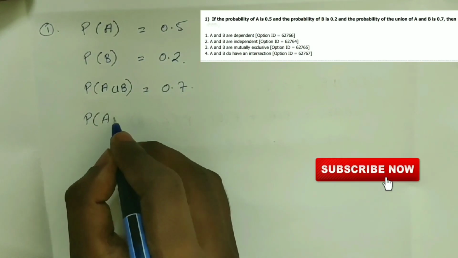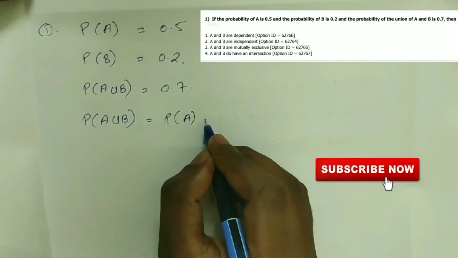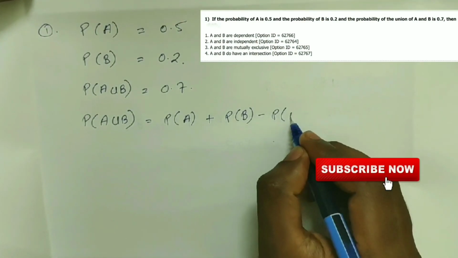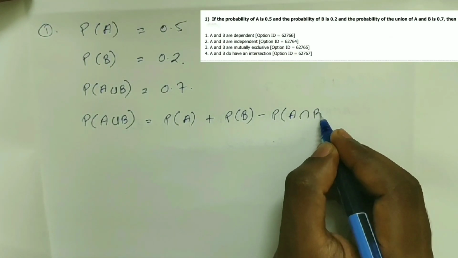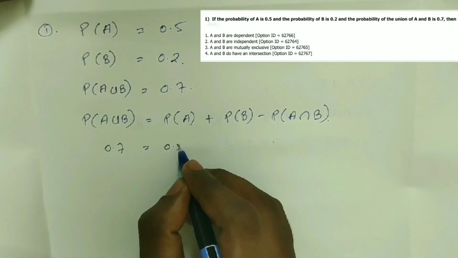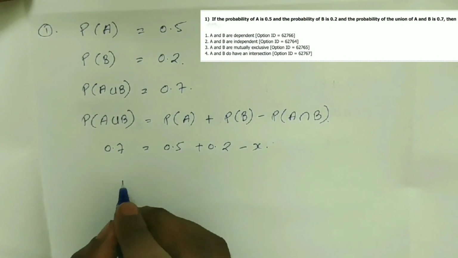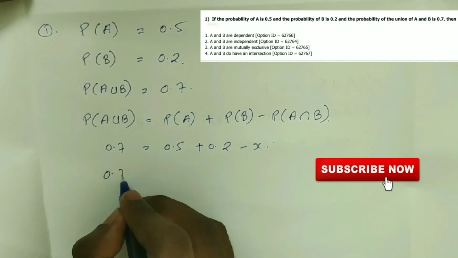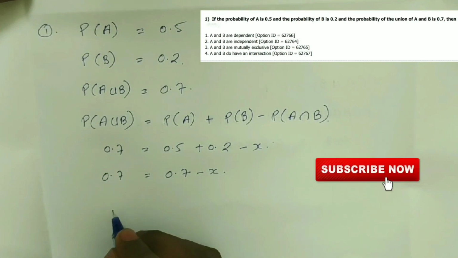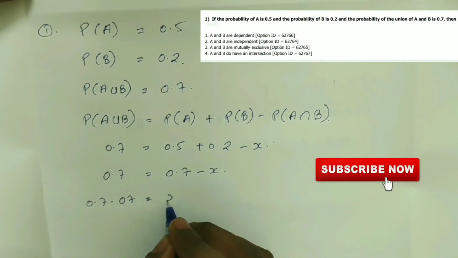Substituting in the equation, P(A union B) is equal to P(A) plus P(B) minus P(A intersection B). 0.7 is equal to 0.5 plus 0.2 minus x. 0.7 is equal to 0.7 after adding the values, minus x. 0.7 minus 0.7 is equal to x.